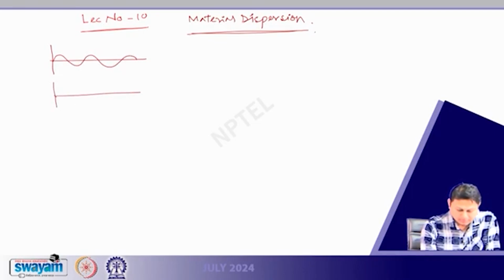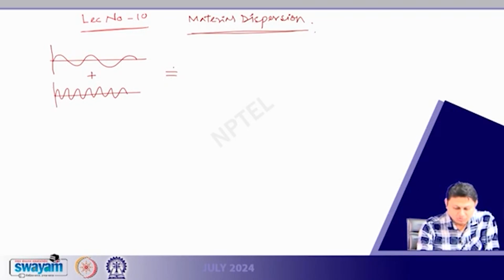So far what we have done, we have two waves of different frequency, and we have superposition of these two waves.